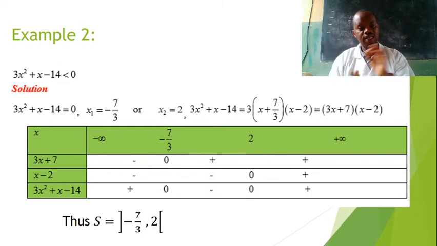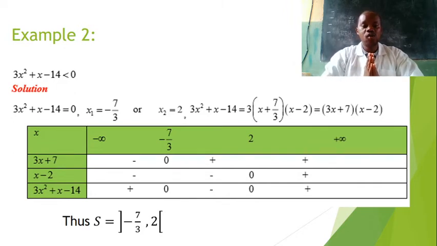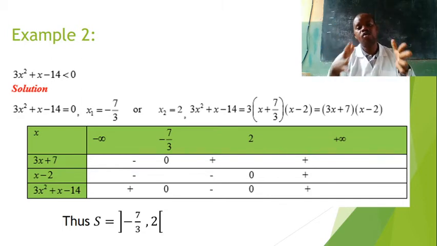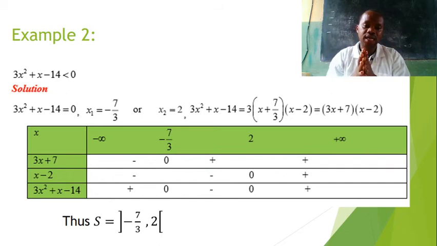You will get 9 plus 2 minus 9 plus 7, which is equal to minus 2. And we can now have the sign for the answer that is equal to negative. And that negative we put in the range of minus infinity up to minus 7 over 3.